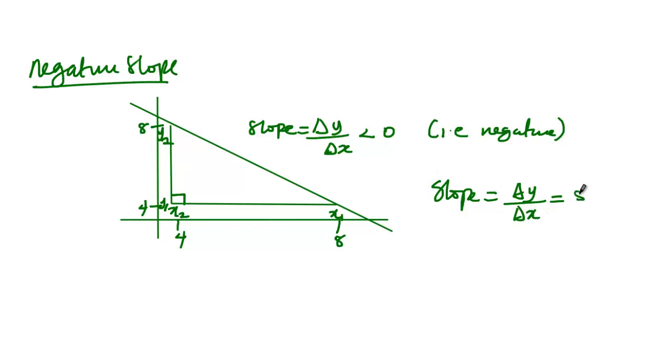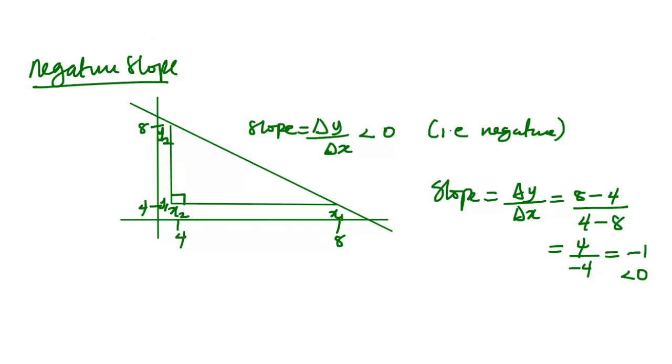That is 8 minus y1, that is 4, over x2, that is 4, minus x1, that is 8. So 8 minus 4 gives us 4, and 4 minus 8 gives us minus 4. Minus 4 divided by minus 4 is minus 1, which is less than 0.